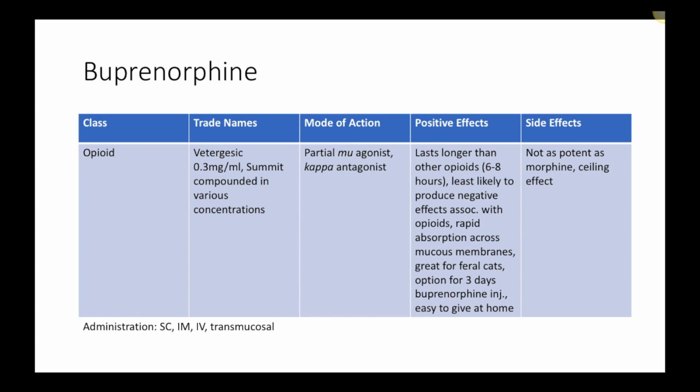Side effects are the downsides. It's not quite as potent as morphine, and it does have a ceiling effect. So what that means is the amount of buprenorphine can influence the duration of the effect, not its overall effectiveness. So when we give the maximum dose of buprenorphine and we continuously give that high dose, it doesn't mean that it's going to have a stronger effect on the cell.